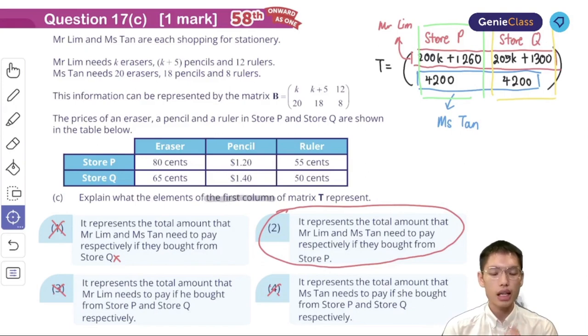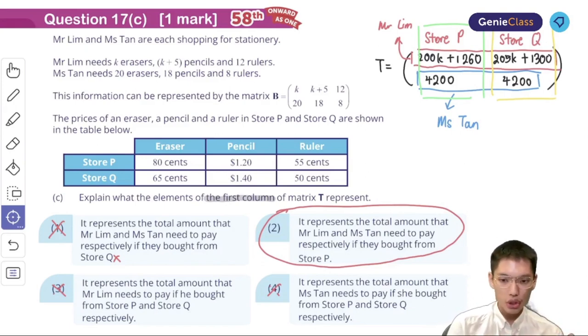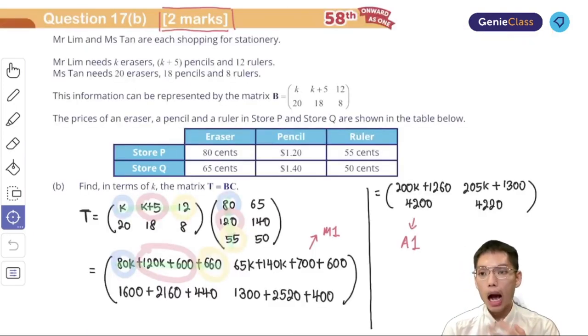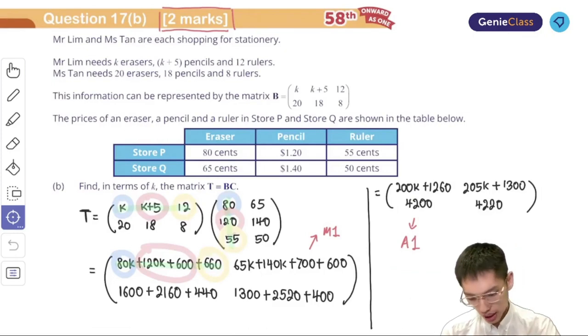This is how I write it out. But now, you may wonder, how do I actually get my store P and store Q, Mr. Lim and Miss Tan? That is where to understand and backtrack how our matrix multiplication works. If you read from above, Mr. Lim needs K pencils, K plus 5 erasers, K plus 5 pencils, and 12 rulers.